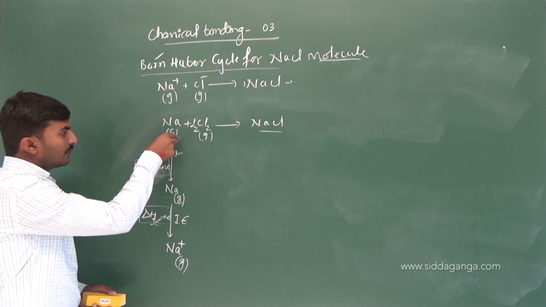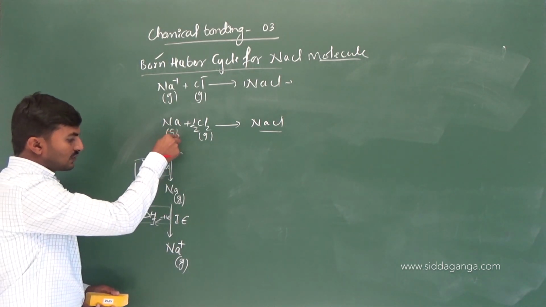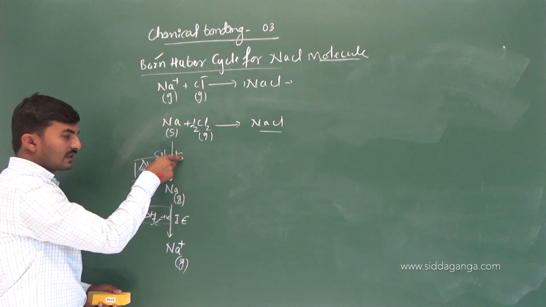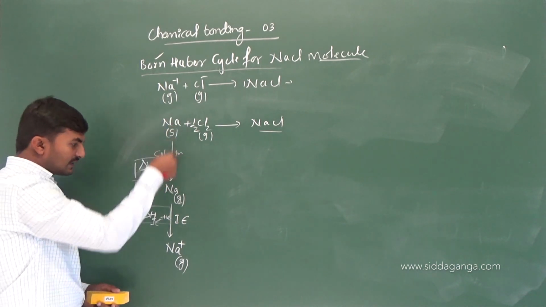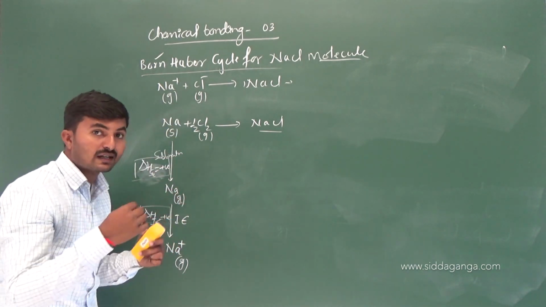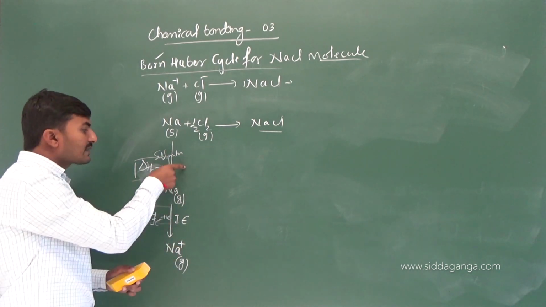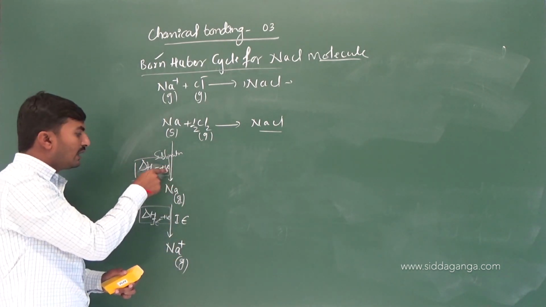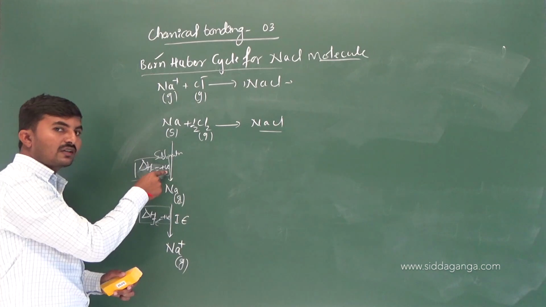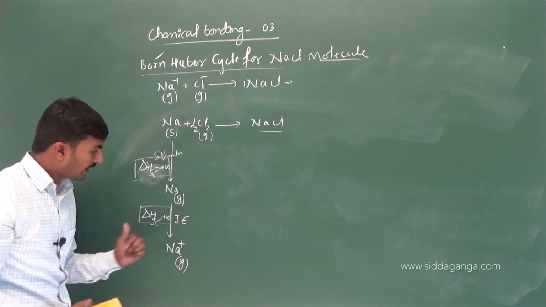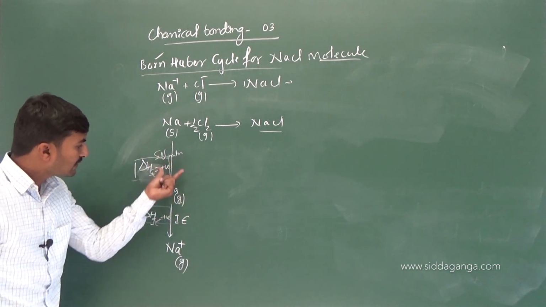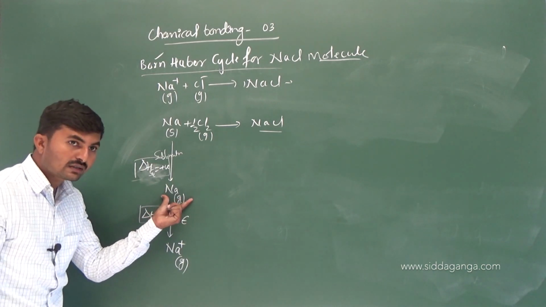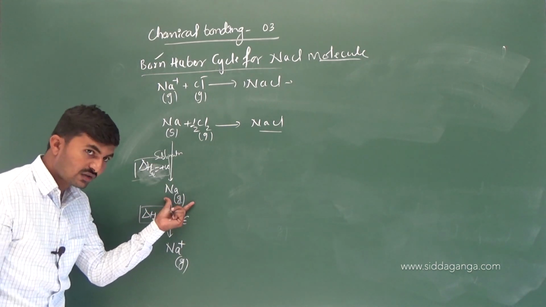First one is the conversion of solid to gaseous, that is called sublimation. In this process heat is required by the system, that means this is an endothermic reaction where the enthalpy of sublimation is positive. After sublimation we get the sodium atom in its gaseous state.